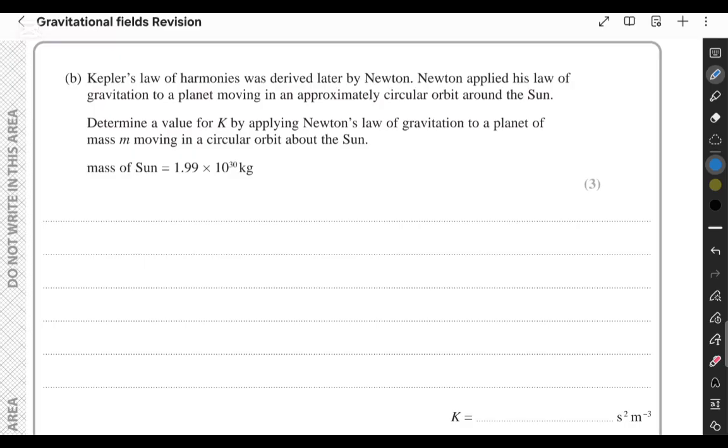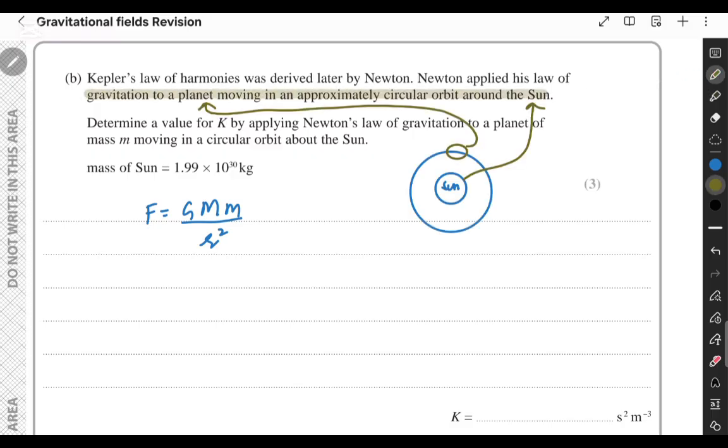We're going to be applying Newton's law of gravitation, which is F is equal to GMm over r squared. He applied this law of gravitation to a planet, and this planet will be orbiting the sun.